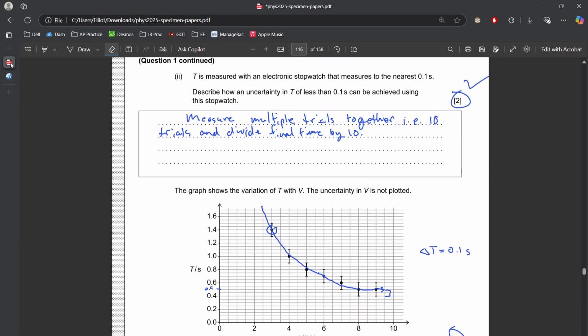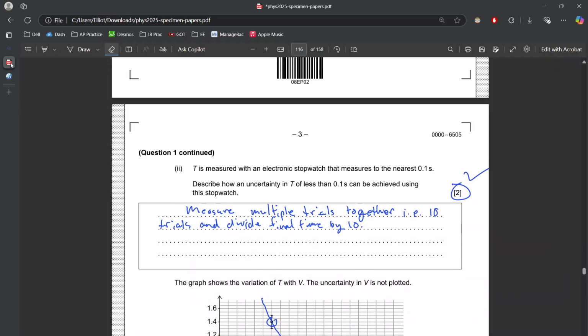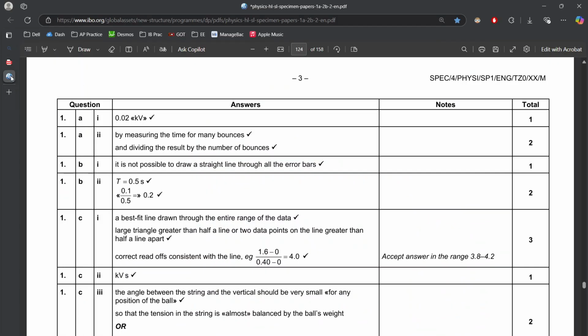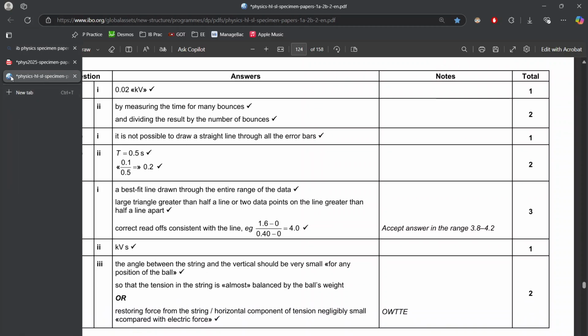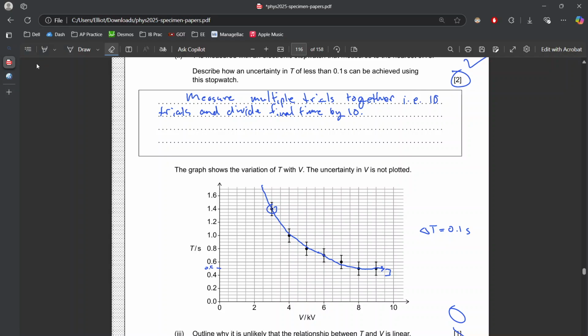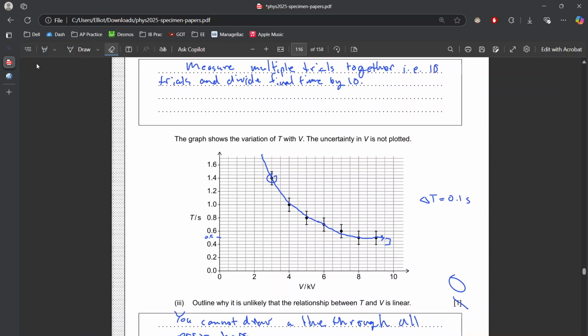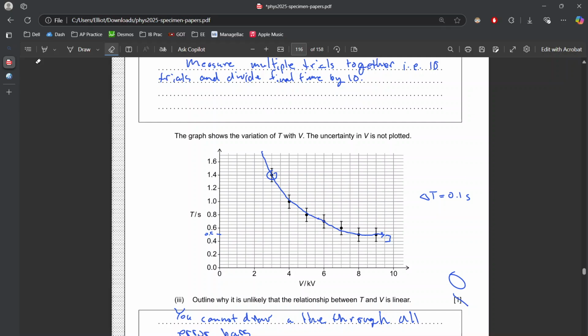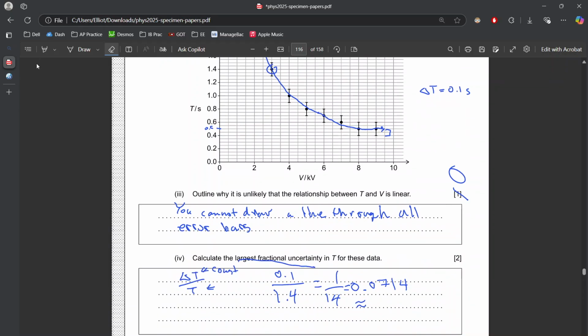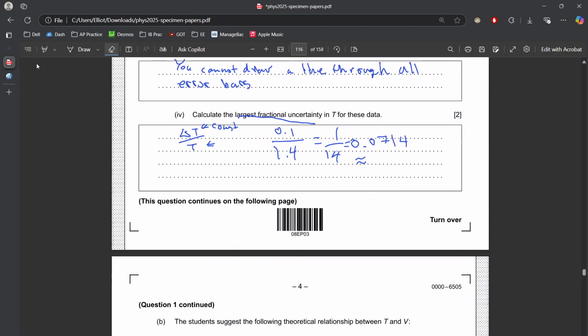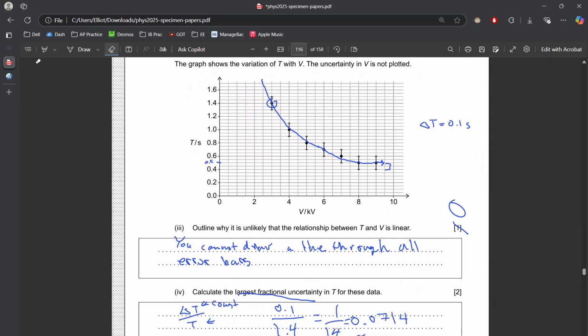I'm so confused. T is equal to 0.5. Where are they getting 0.5 from? Oh my gosh, T is on the y-axis. I was minimizing voltage. No, I wasn't. Wait, am I confused?